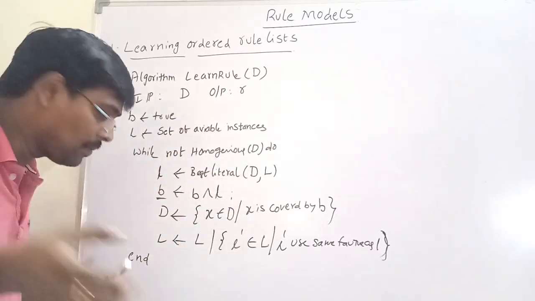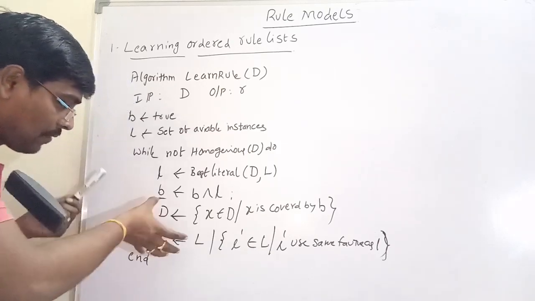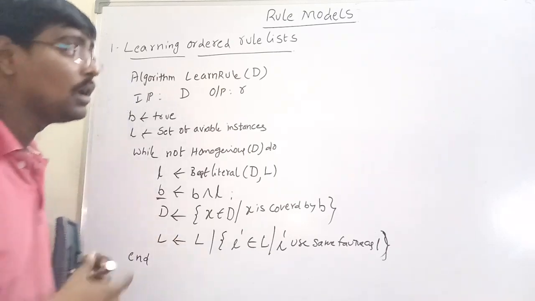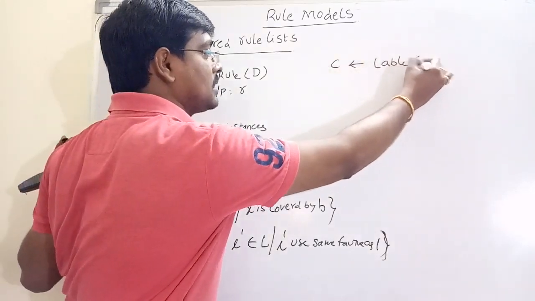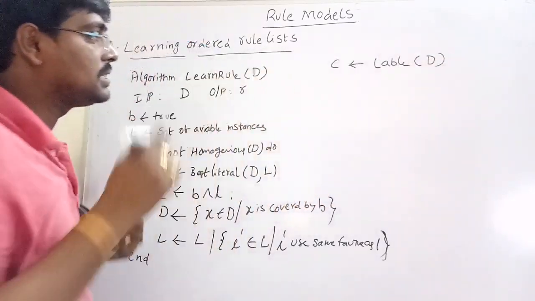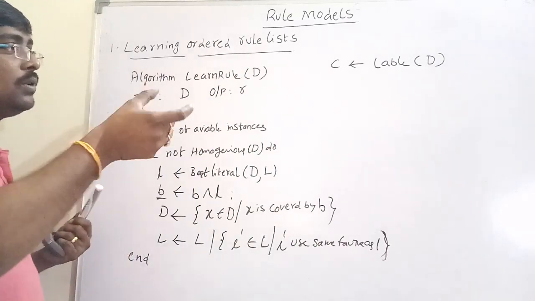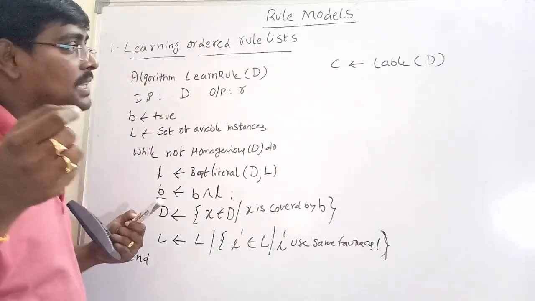Now what is our step after creating the loops? After creating the rules, we have to create a class. Suppose C is the class, and label is the function that defines the class.